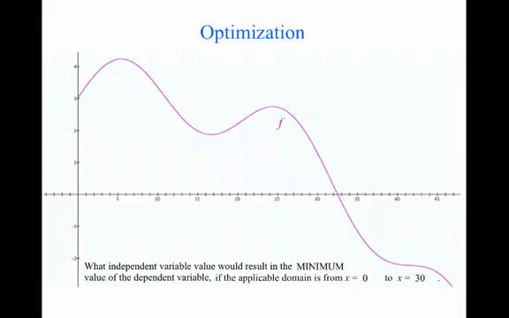Okay, minimums now. 0 to 30. Go. Where's the minimum value from 0 to 30?